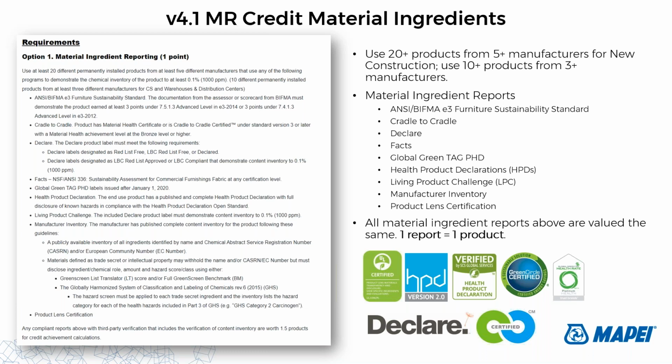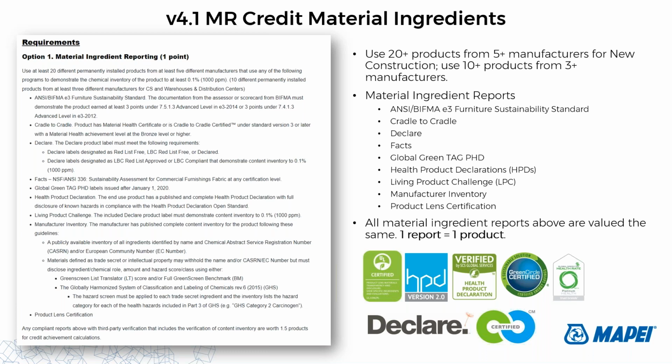Where this credit differs from the EPD credit is that all of the material ingredient reports are valued as the same product or as one product. When we talked about EPDs, the values of EPDs varied based on the type of EPD. We saw an industry-wide or product-specific EPDs varied in value.